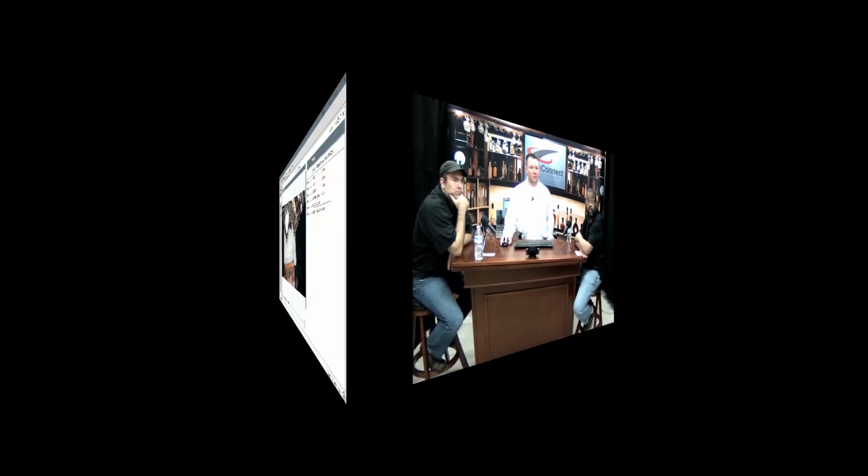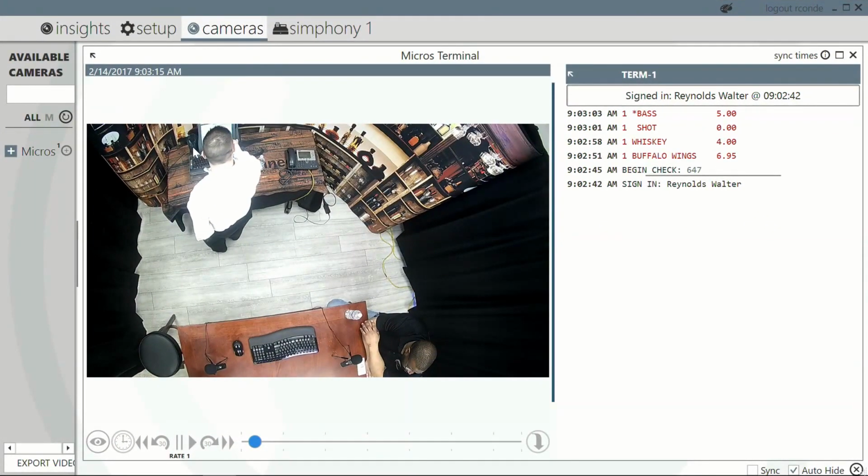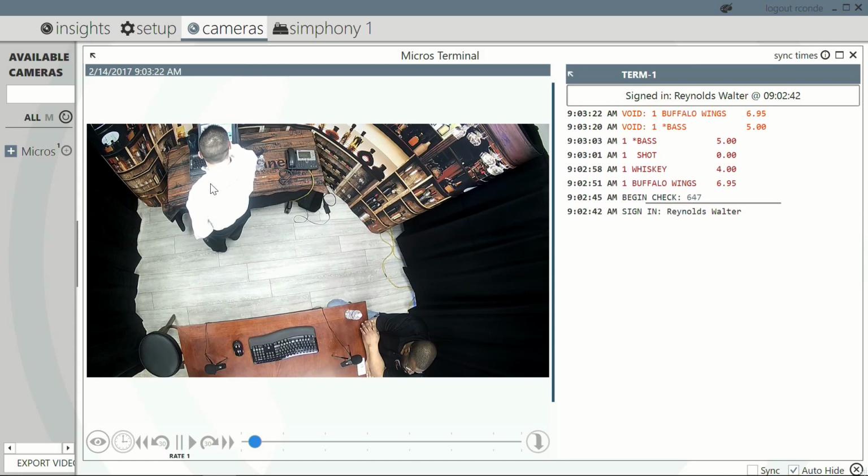And see right there, the cash comes in. It goes straight into the tip bucket. No money ever goes to the drawer. And the reason that's important is if there's money coming in that's not making it to the cash drawer, but products going out, that's blatant theft.